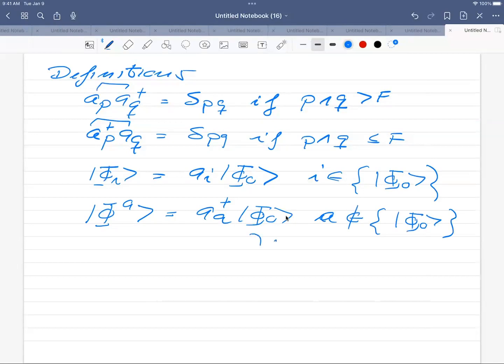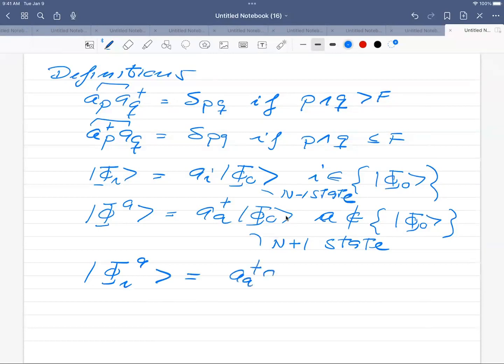So this is an n plus 1 state, whereas this one is an n minus 1 state. So we remove one particle or we add one particle. And then we have the notation which we are going to look at today in more detail. And this is a so-called one-particle, one-hole state.